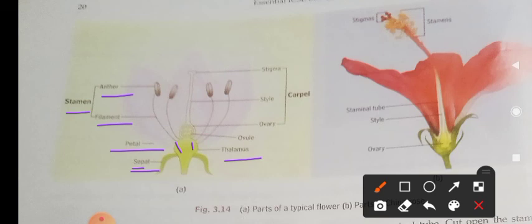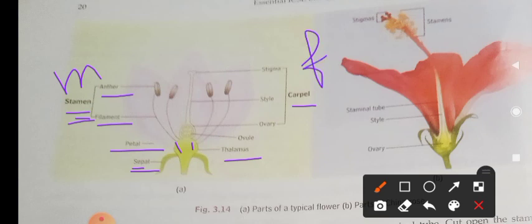The next whorl is the gynoecium. This gynoecium is also called the pistil. It consists of one or more carpels. Okay, this stamen is the male reproductive part, and the carpel is the female reproductive part of a flower.